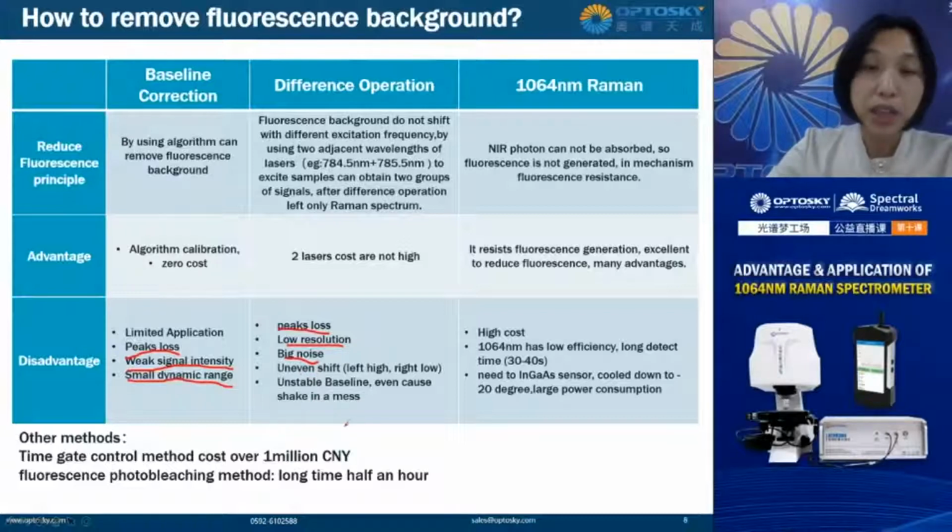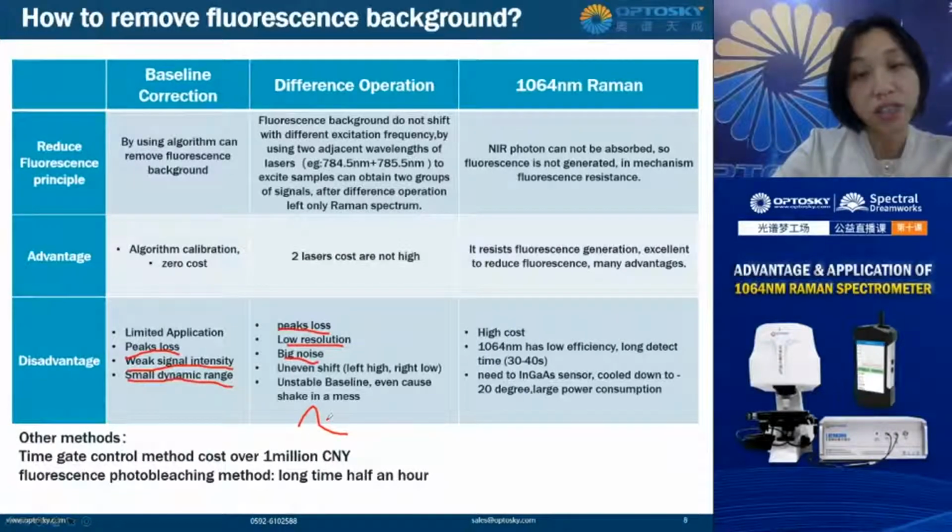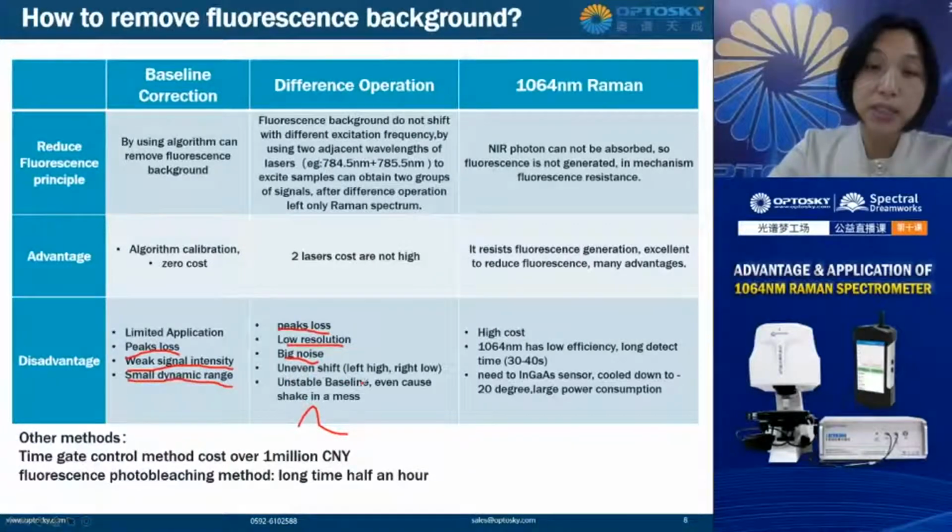Maybe the left is high and the right is low, so it's an unstable baseline. After the deduction, the baseline is unstable and causes shaking.